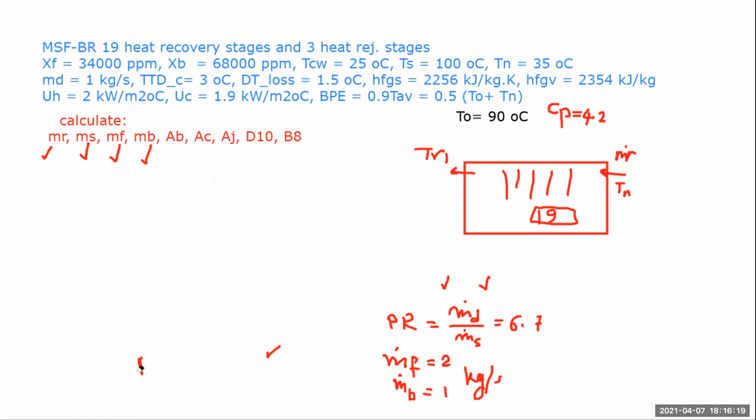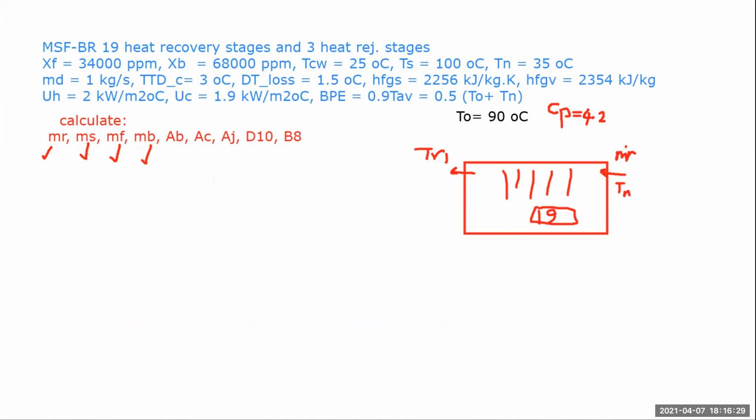and for the flow rates, I'm going to use equations that have been developed, again the relation between the distillate production and the MR, that we have used, so that we would know, for example, that D10 is equal to MR, the mass flow rate of the recycled brine, into Y into 1 minus Y to the power i minus 1, which is 9.